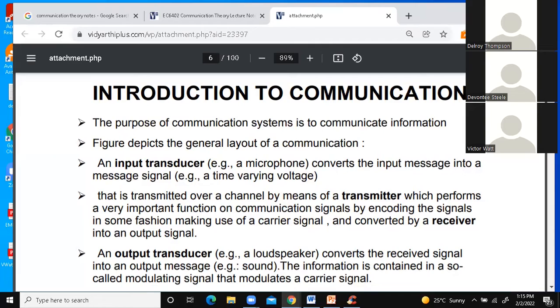So here you see a lot of real engineering start coming in. Coding, decoding, encoding, decoding, and so on and so forth. When I get to the output transducer, like a loudspeaker, in our case, whether you're using a laptop or a phone, you have a speaker.